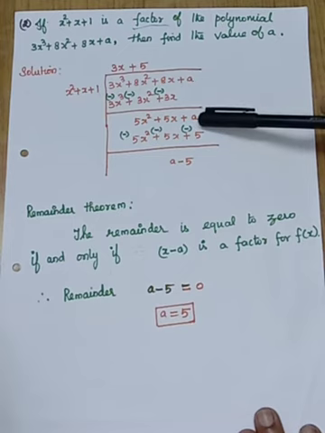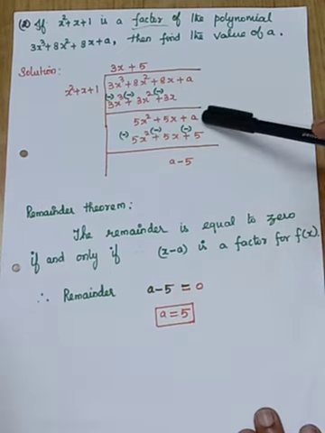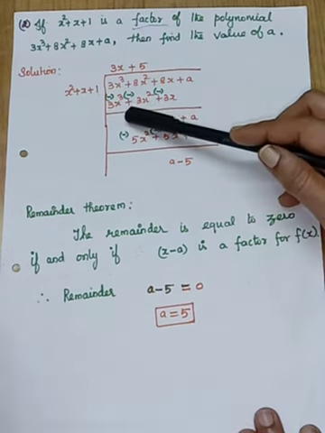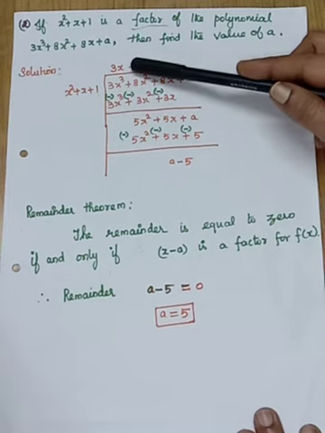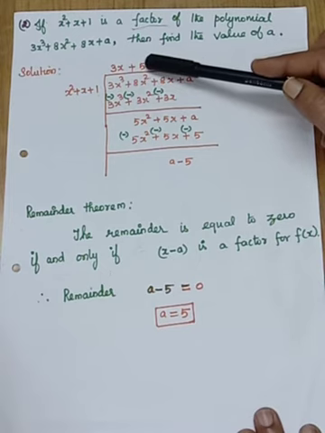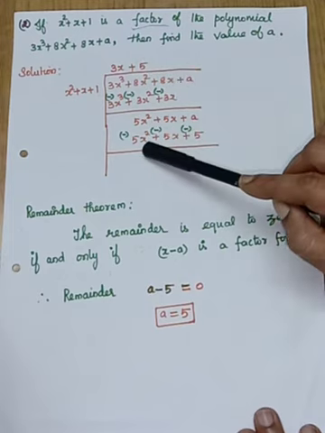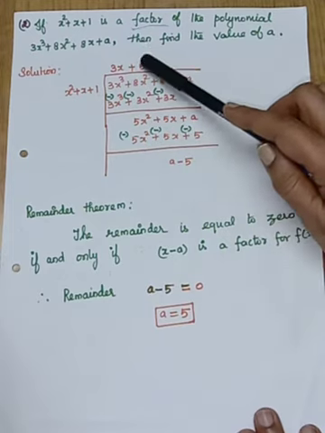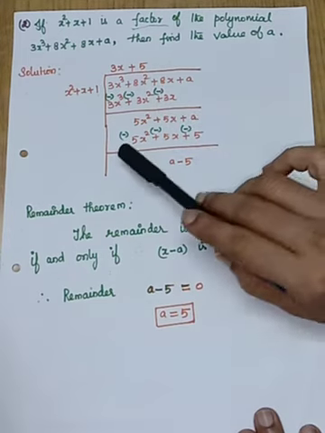Bring down the a term. Here the sign for this term is plus. Here 5 has to be multiplied with x squared: 5x squared, 5 into x is 5x, 5 into 1 is 5, and you change the sign.